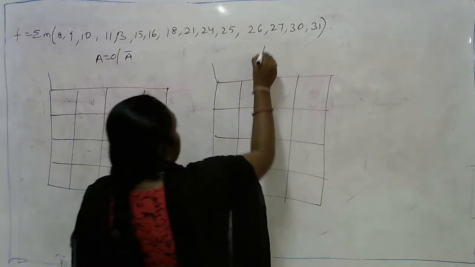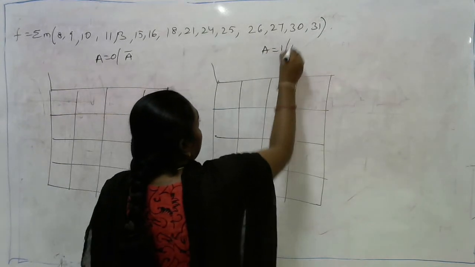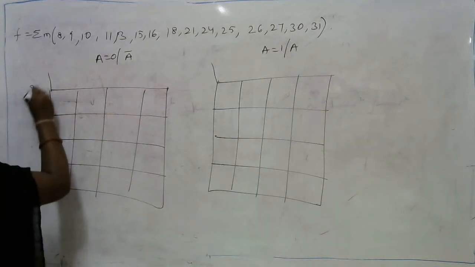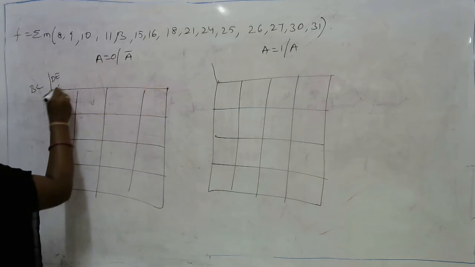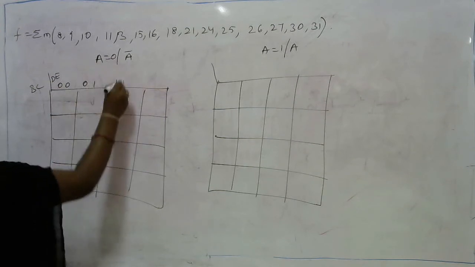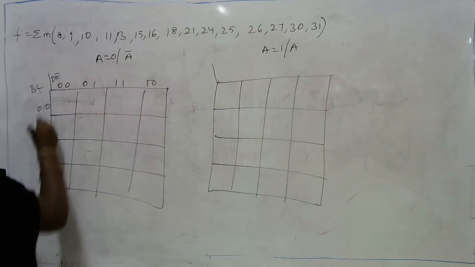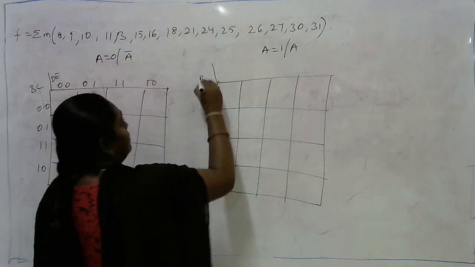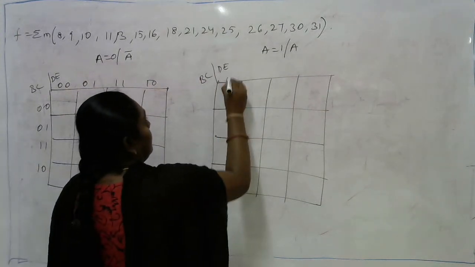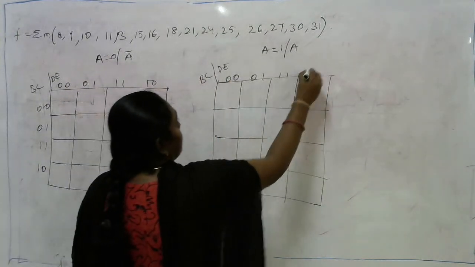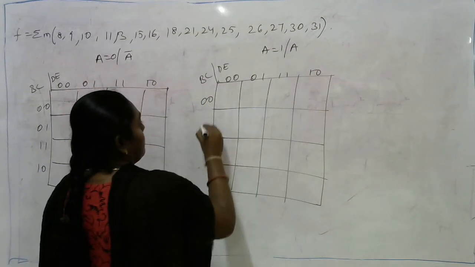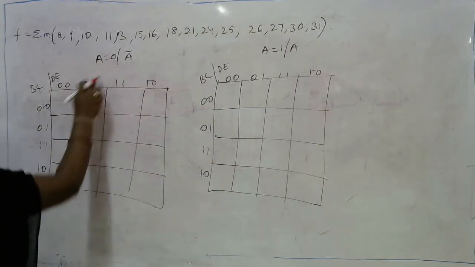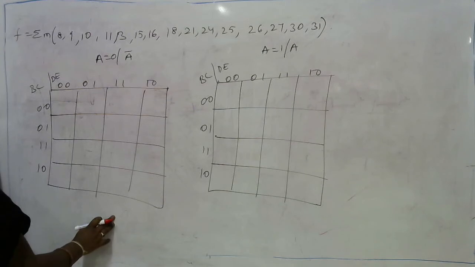Similarly, this is A equivalent to 1, so it is related to A. And the remaining are the same, B, C, D. The combinations are also the same. Here also B, C, D, E. Now this complete map is A is 0.